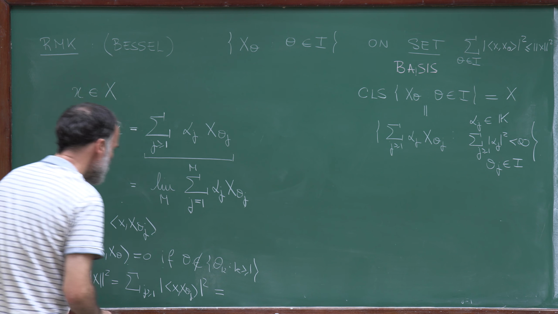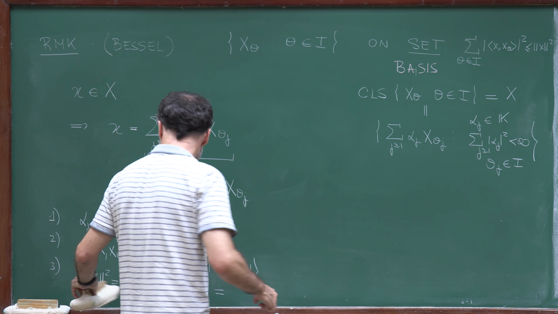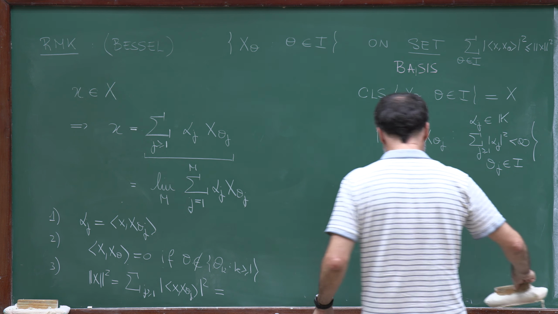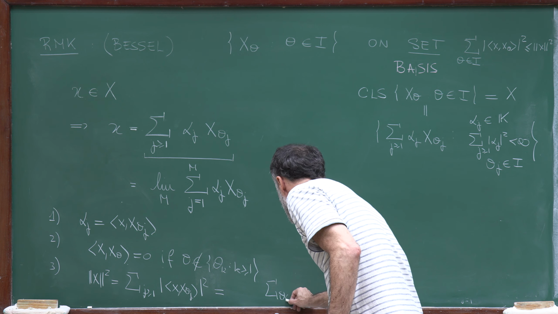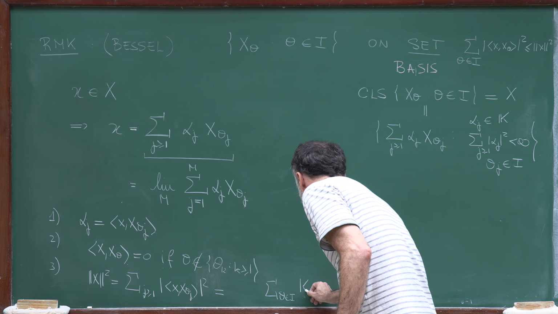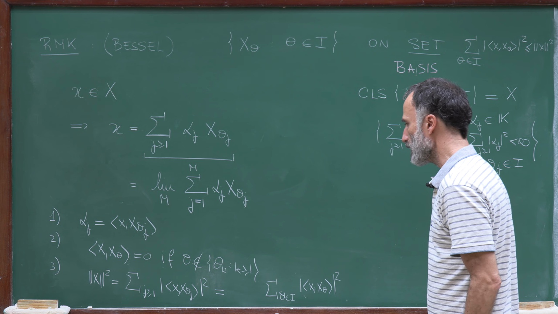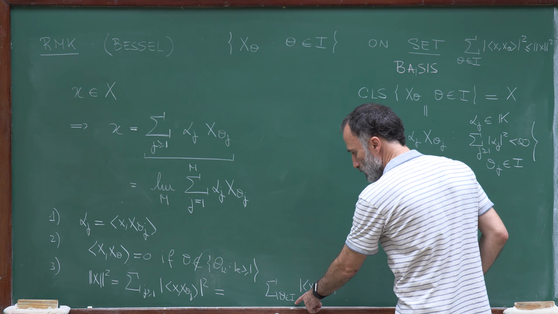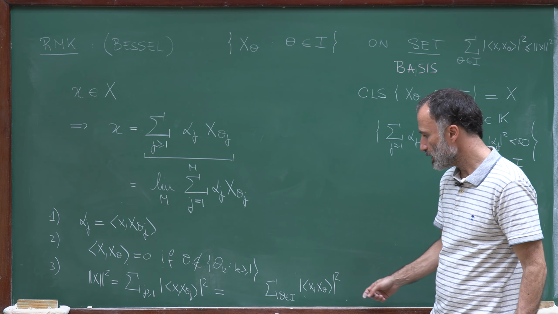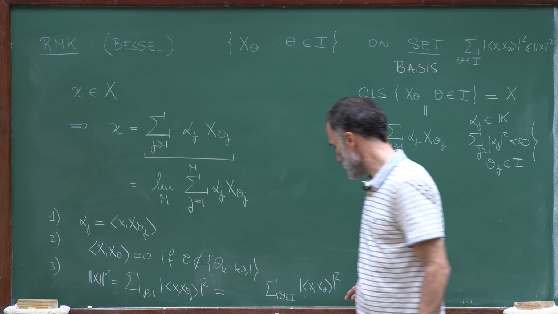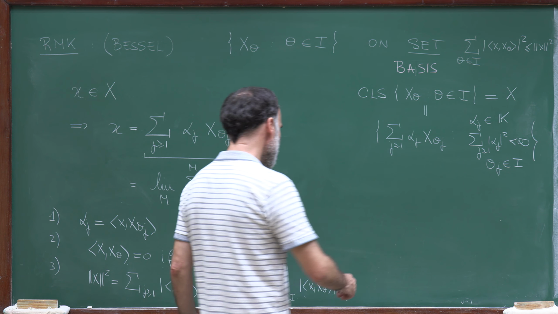And since this scalar product is equal to 0 if theta doesn't belong to this set, I can rewrite that as an infinite sum over all theta in I of the absolute value of (x, x_theta) squared. And here you see that this sum is actually at most countable, because all terms are 0 but a countable number of them. And so this sum makes sense. And what I'm saying is that this sum is equal to the norm of x squared. And this is called the Parseval identity.